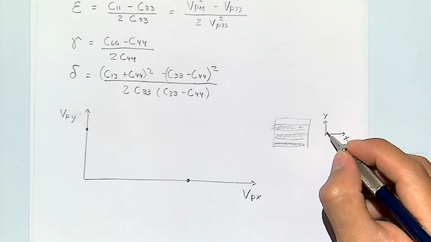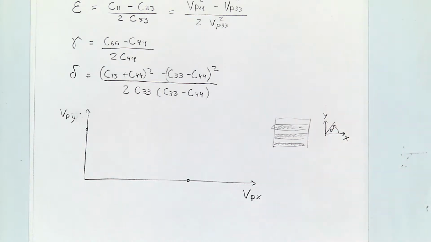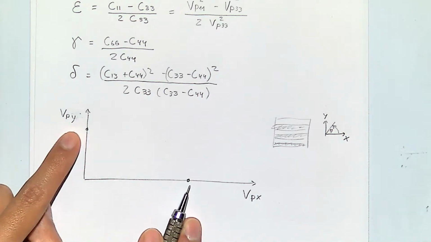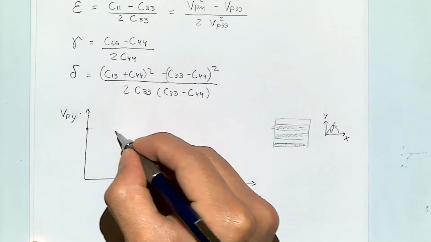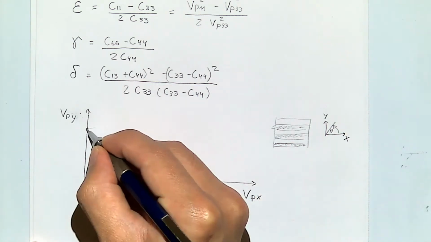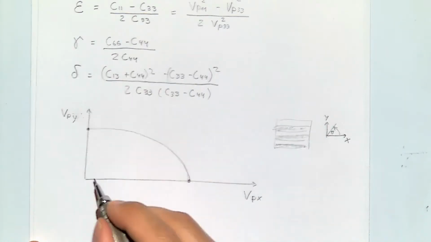If I measure the wave velocity at an angle theta, that's going to be some value which depends on these two. And this equation is going to be something close to an ellipse, but not quite.